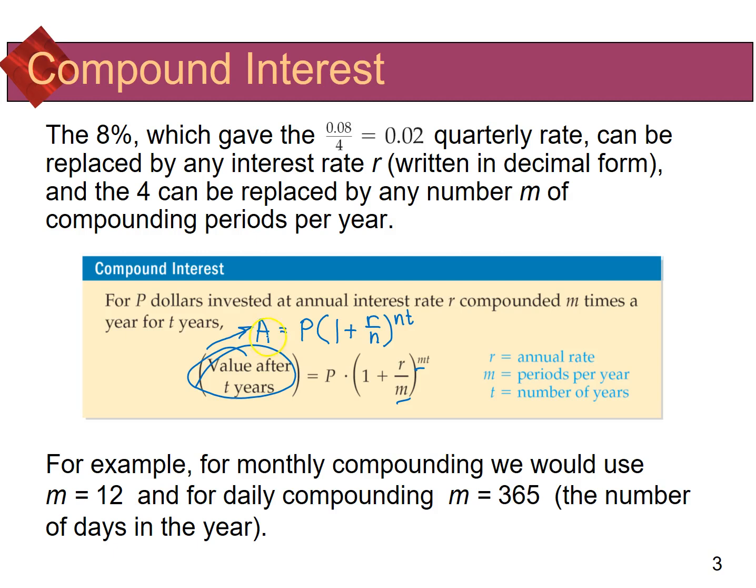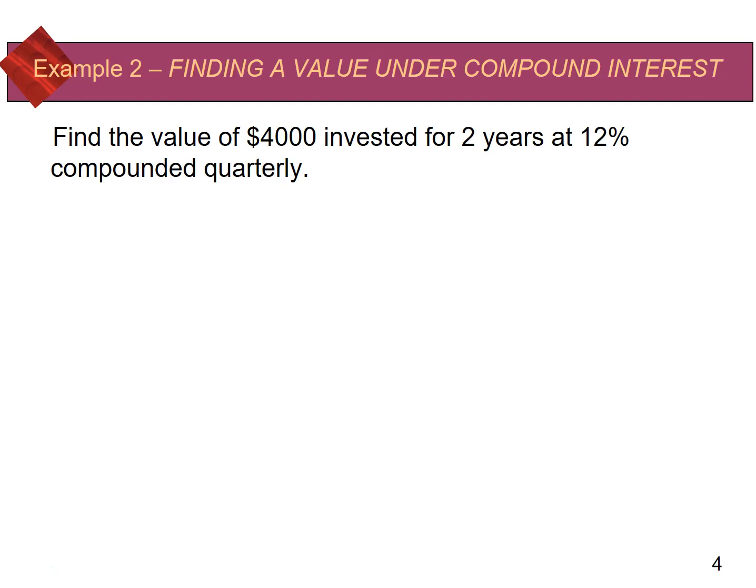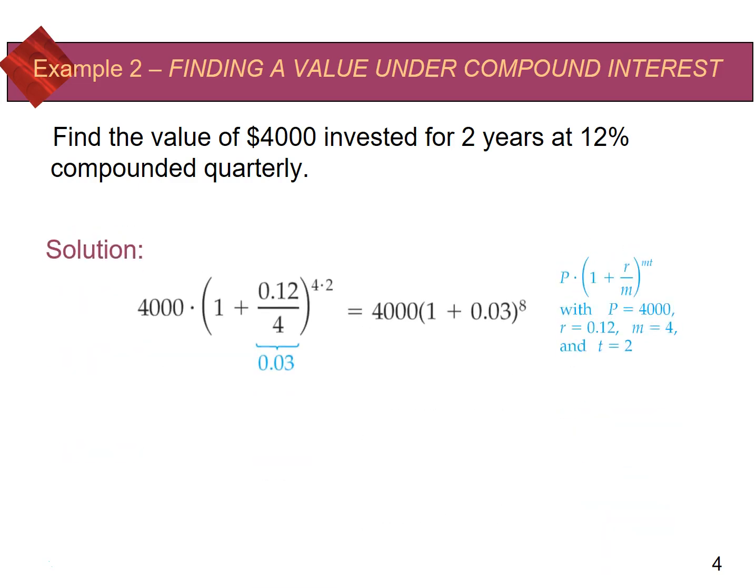So an example here: find the value of $4,000 invested for 2 years at 12% interest compounded quarterly. I just have to make sure I put these things in the right places. My starting amount is my principal. That's P. I'm going to take the 12%.